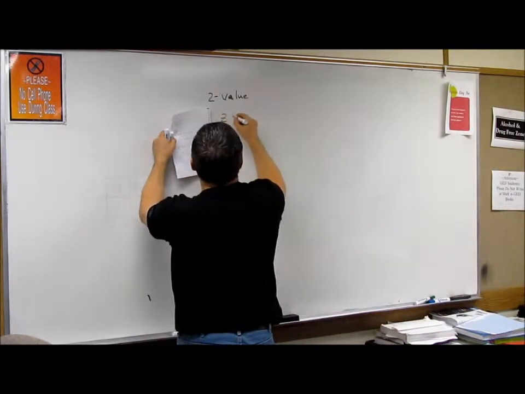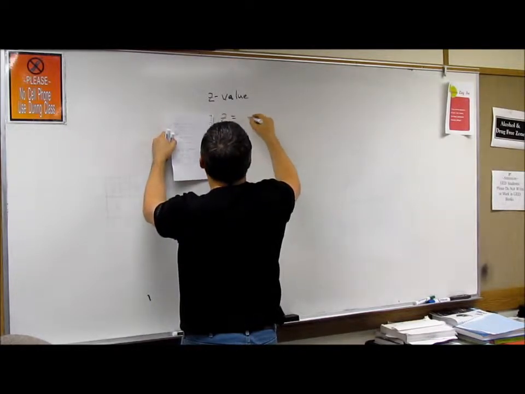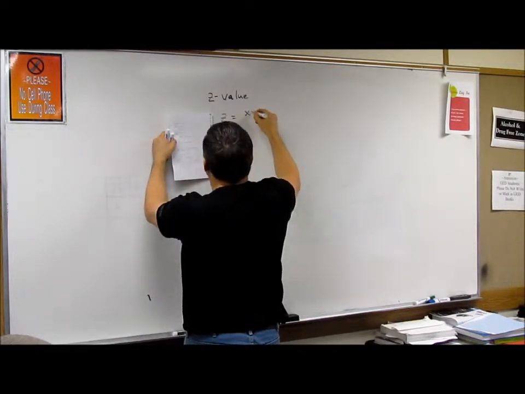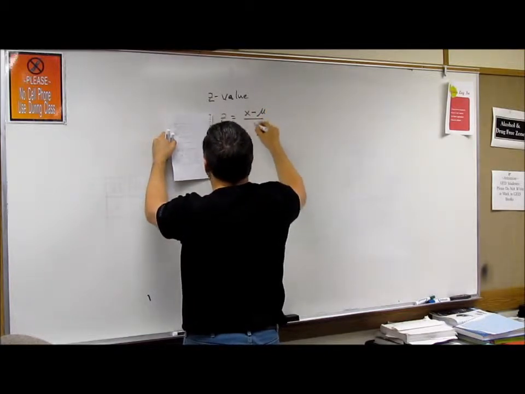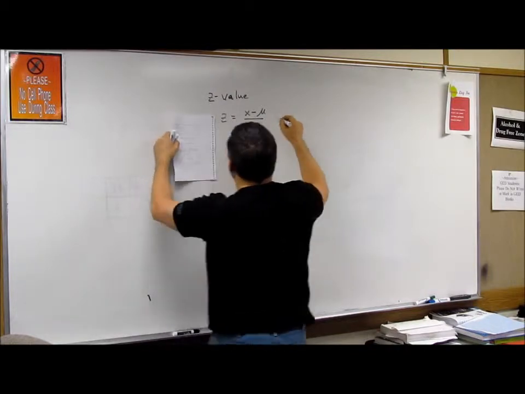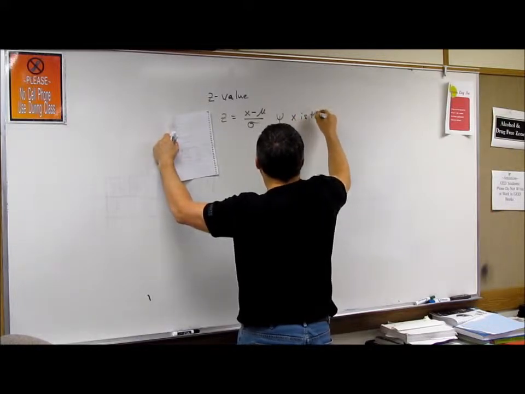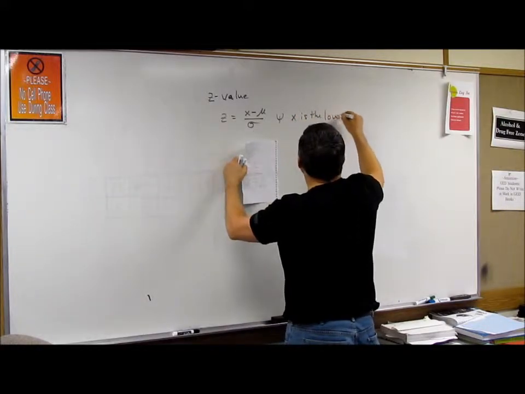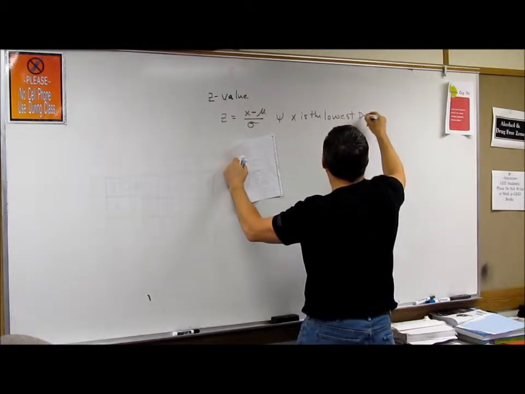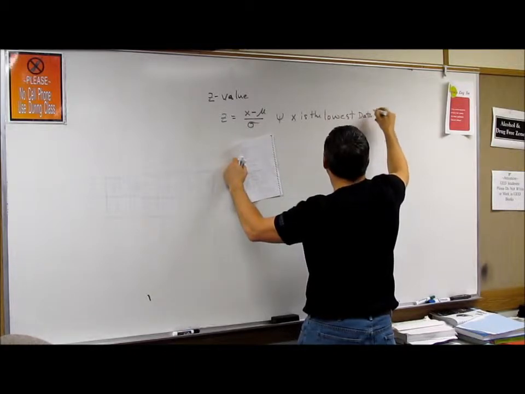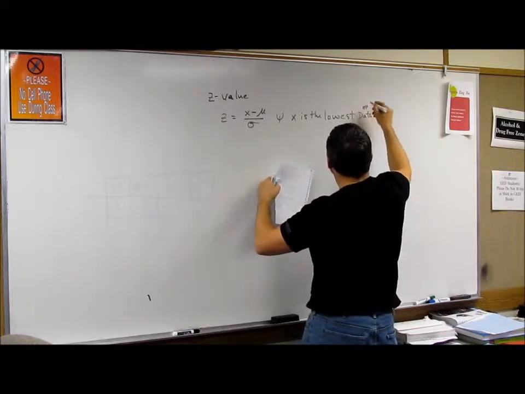Z is equal to x minus mu, divided by little sigma, whereas x is the lowest data. Okay? The lowest number.